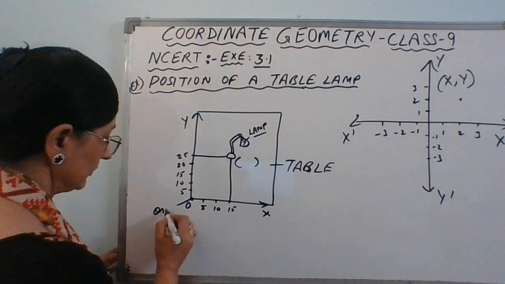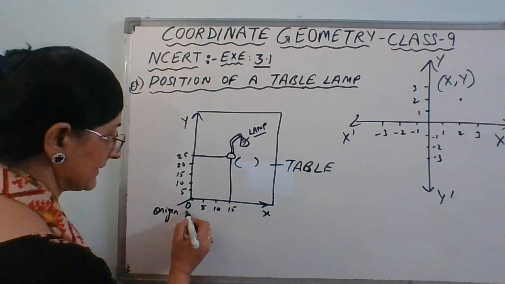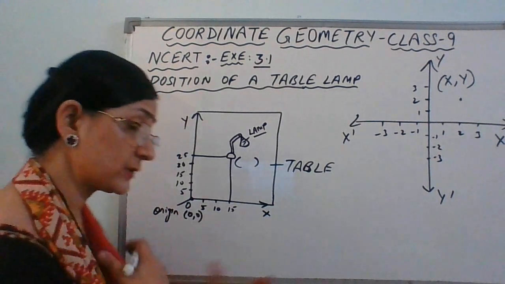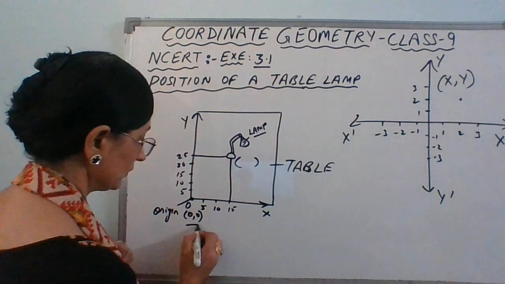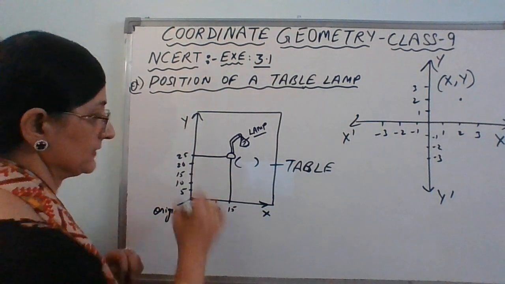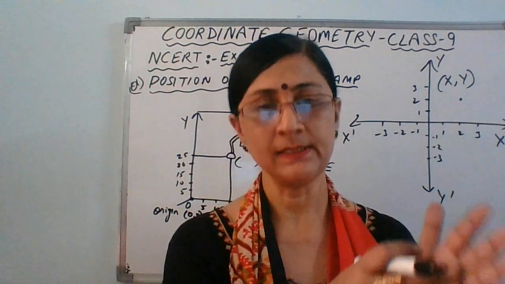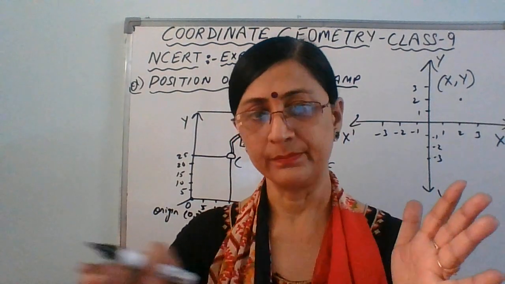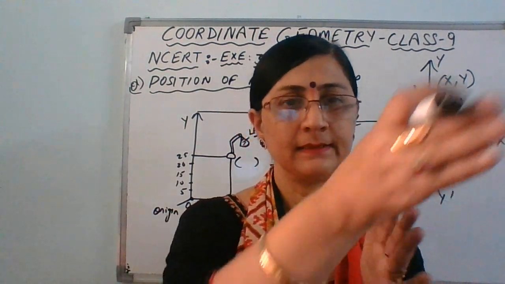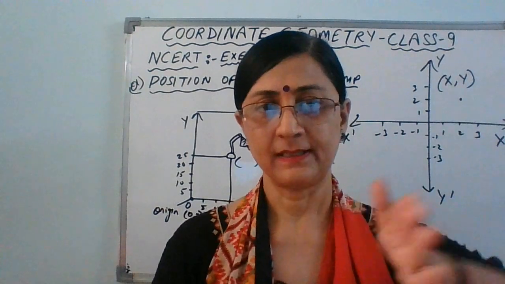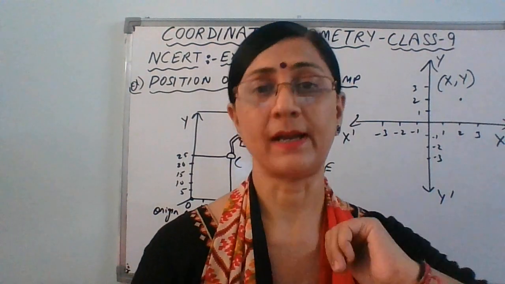Origin is where the x coordinate and y coordinate are 0, 0, right? So this is the origin. Breadth-wise it is the x-axis, then length-wise, the length of the table, that will be the y-axis, right?